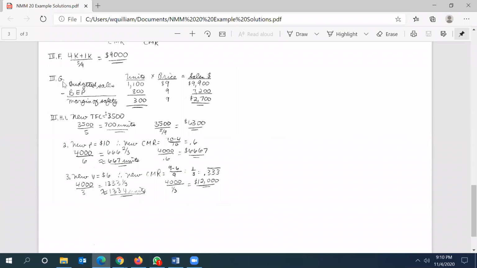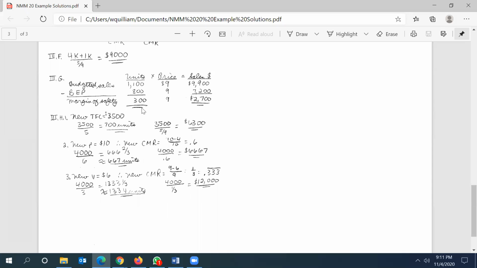I found it for you here in G. I've got budgeted sales minus the break-even point equals the margin of safety. I've done that in terms of units and in terms of sales dollars by taking those units and multiplying by the price of 9. So in units, I have 1,100 units, or in sales dollars, $9,900, minus the break-even point of 800 units, or in sales dollars, 7,200. That looks familiar.